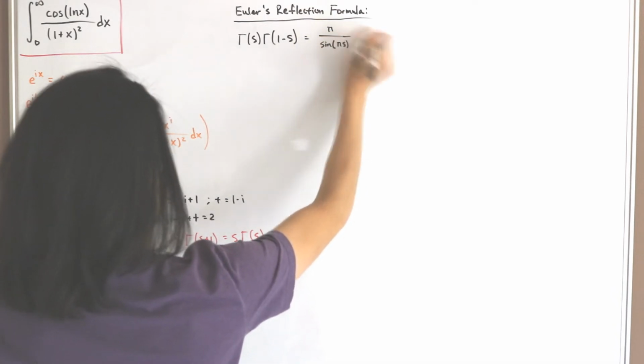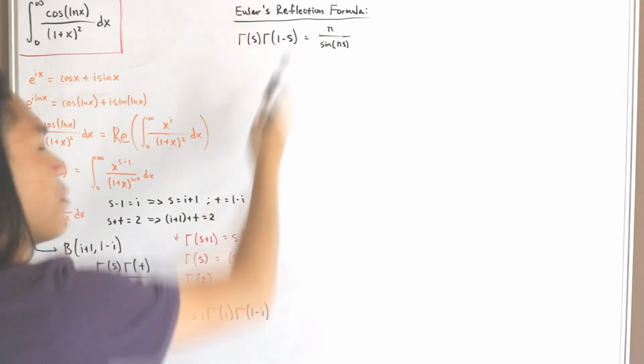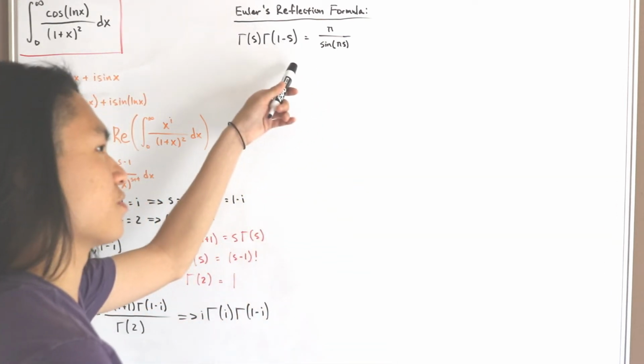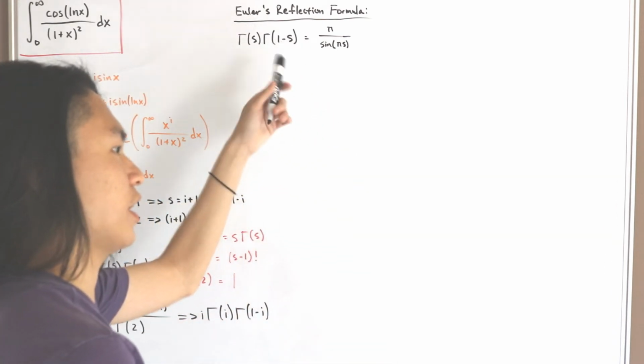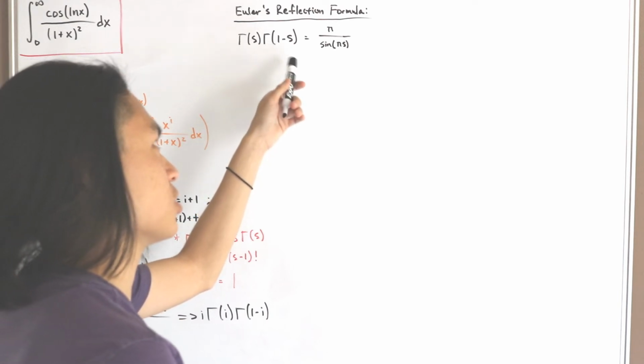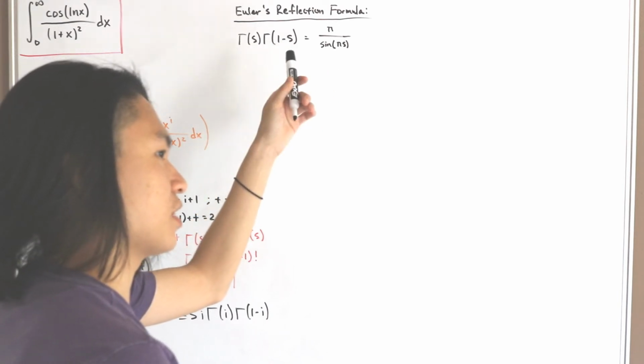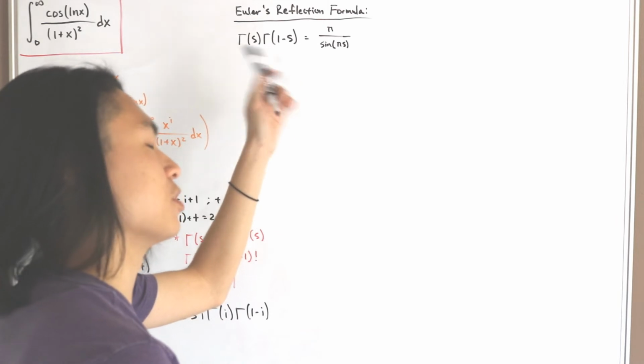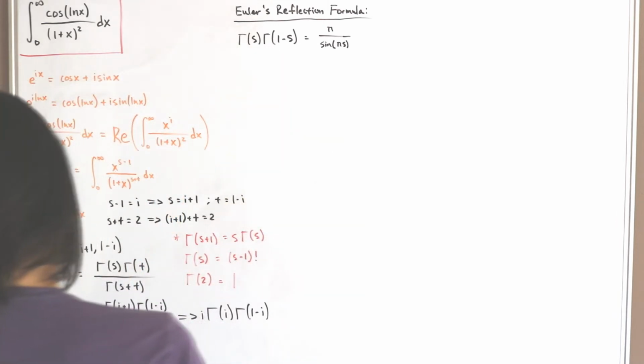Here s is just the input. Okay, so I mentioned I did a video on this a long time ago. If you want to check out the full derivation of this formula, you can click that. I'll provide that video link in the description below for you guys to view.